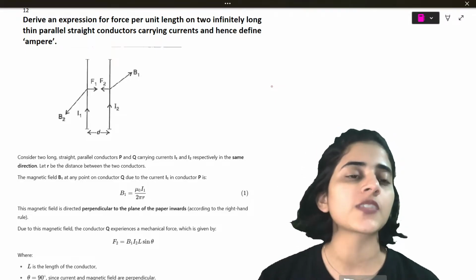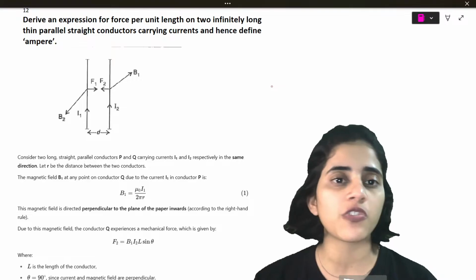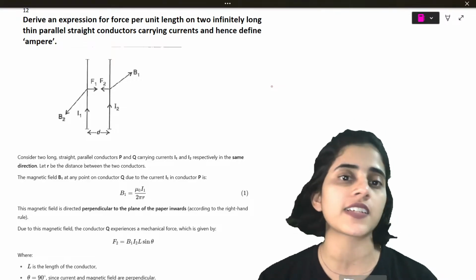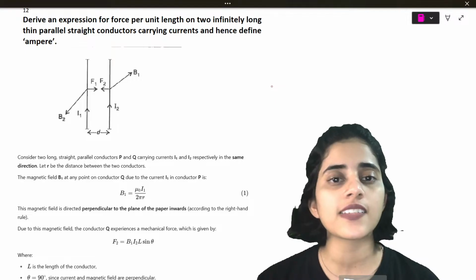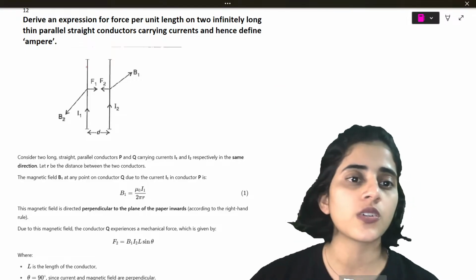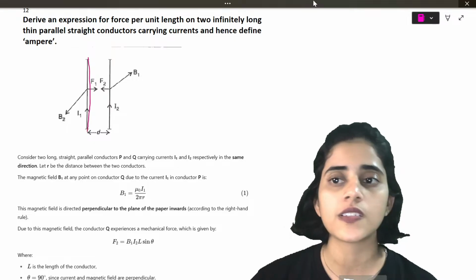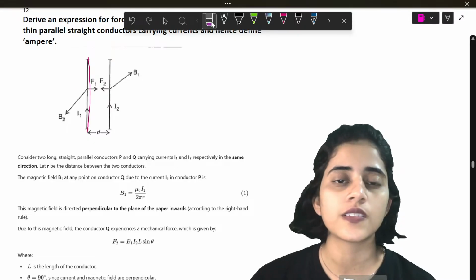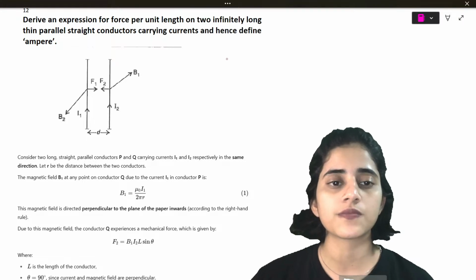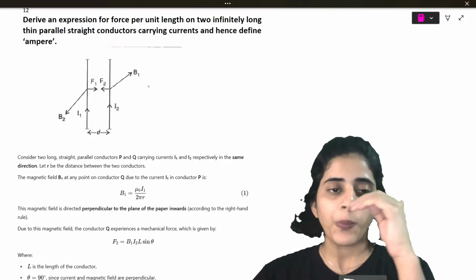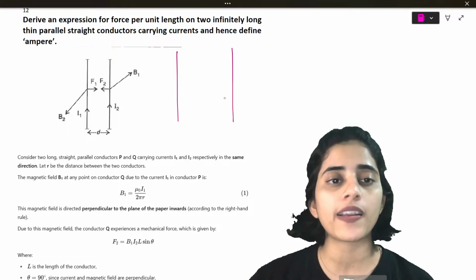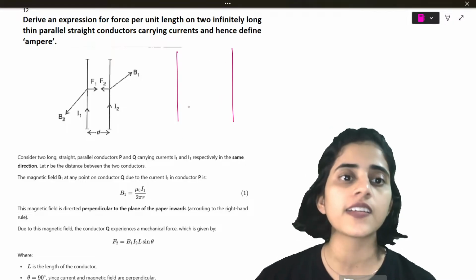Next question. Derive an expression for force per unit length on two infinitely long, thin parallel straight conductors carrying currents and hence define ampere. So there are two parallel straight conductors carrying current.